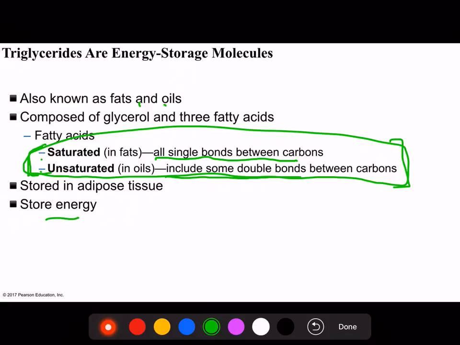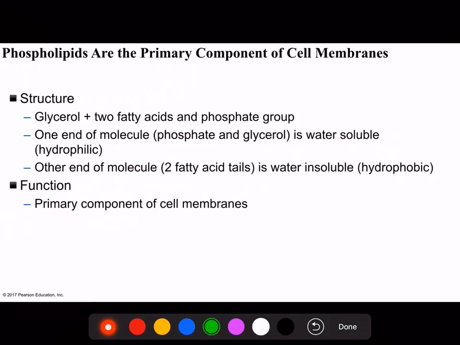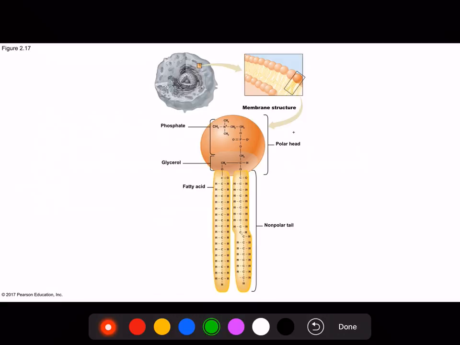As we said, the triglycerides are to store energy. Phospholipids, their primary function is to make the cell membrane. And phospholipids are unique in their structure because they have a head, and that head is polar.